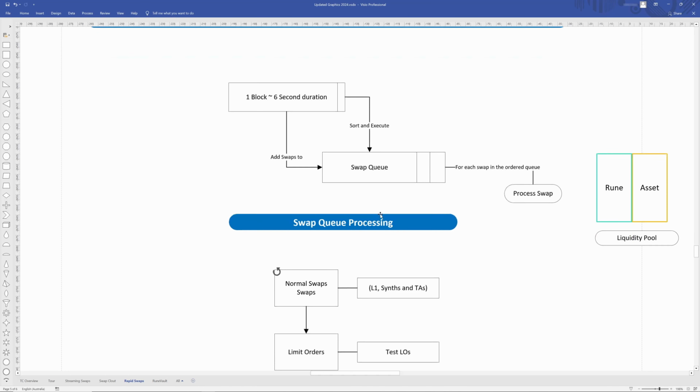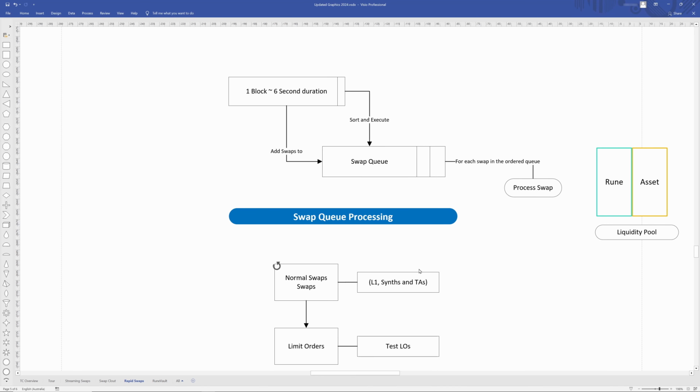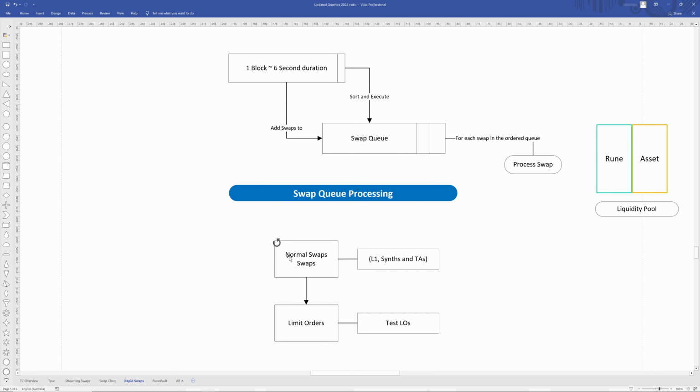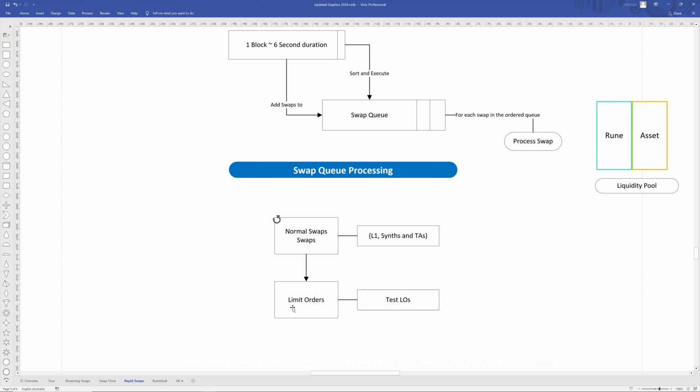Within the swap queue processing, all the L1 synths and trade accounts, as I understand it, they're all ordered in the same way, and then they get executed depending on that criteria. So the normal swaps are executed first, and then the limit orders are going to get tested. Because obviously the pool ratios have changed here, the pool prices have changed. Now we can go ahead and look at the limit orders.